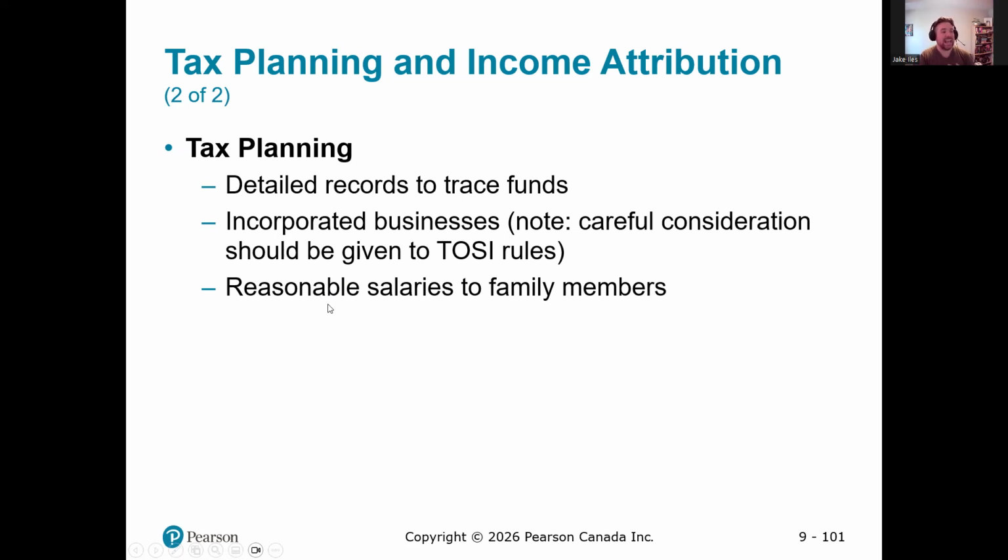And businesses can pay reasonable salaries to family members. So if I have a family business, if I have a family restaurant, my one child can be a server and a host. The other child can work in the kitchen, assuming they're old enough to be safely in the kitchen. My spouse can handle the office and scheduling work.